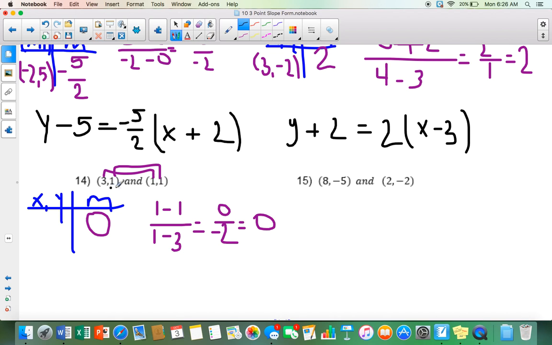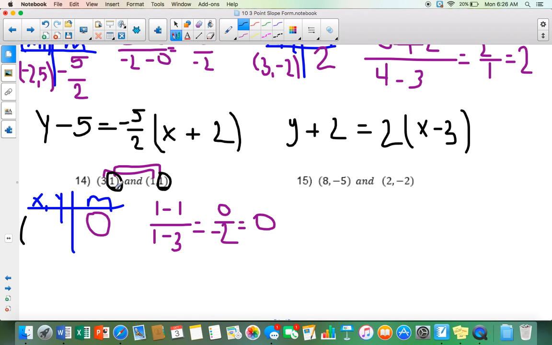Well, if we notice, both of our y values are the same number, which obviously must be true because it's going through the y value. So no matter what point you put, 3, 1 or 1, 1, remember, I want you to write this in our special case form.